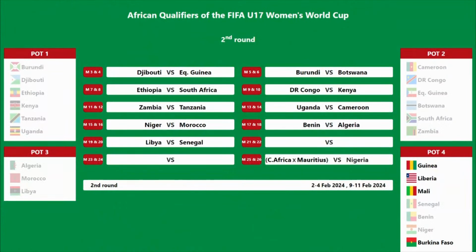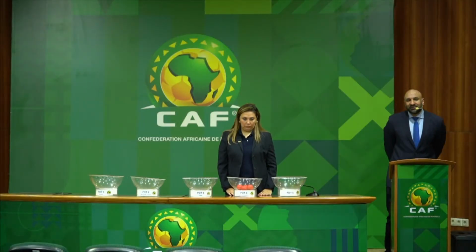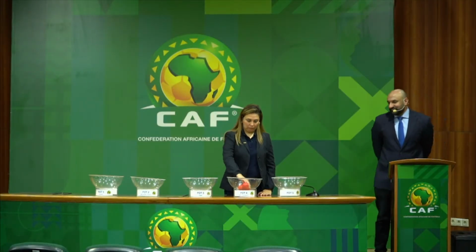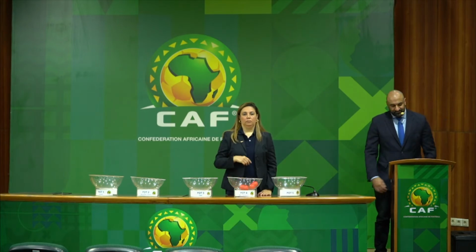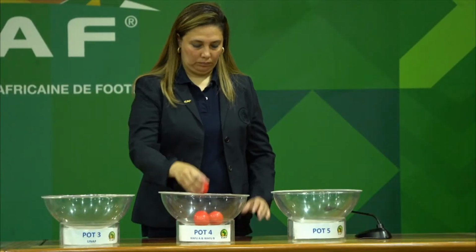Now, as I explained before, the remaining 4 teams will play against each other. There will be no need to put them in the empty pot 5 since they are already coming from one pot. So the first one drawn will play the first leg at home and the second one drawn will play the second leg at home. First team drawn.